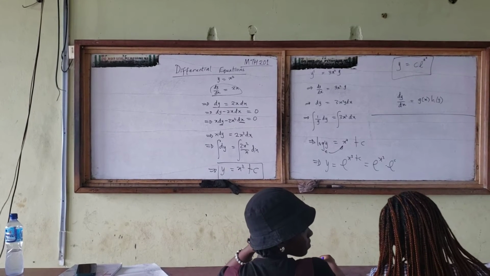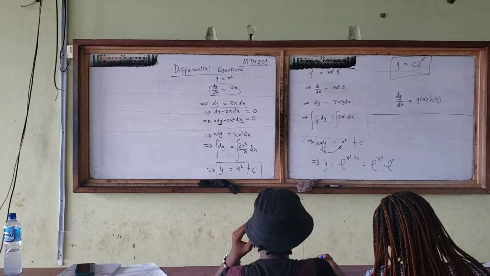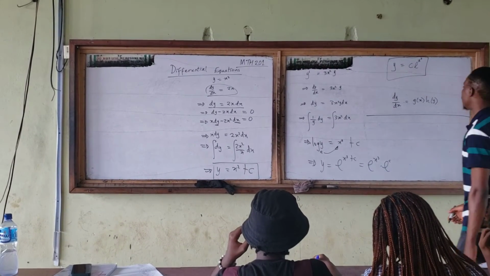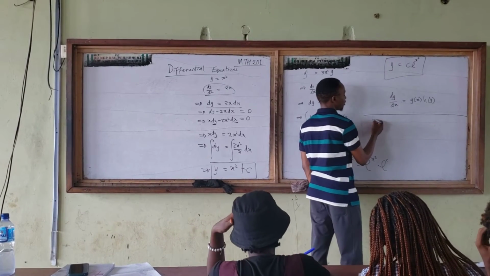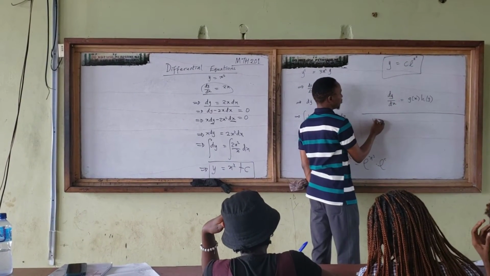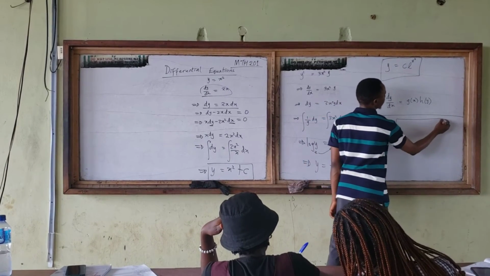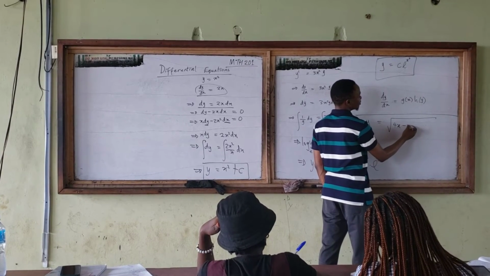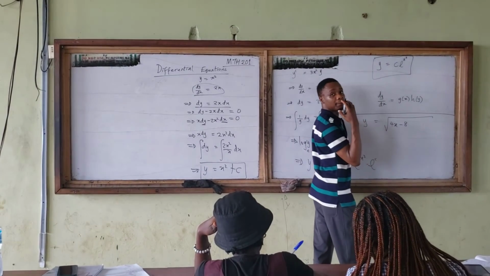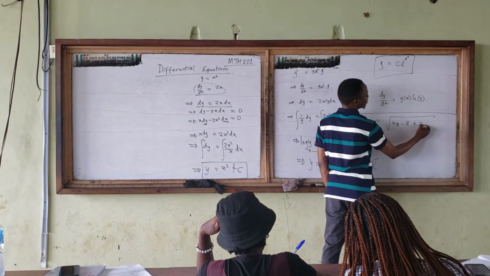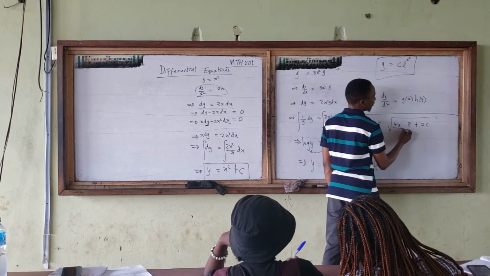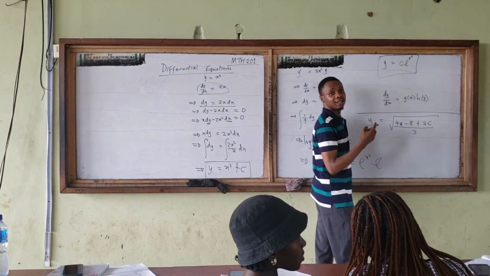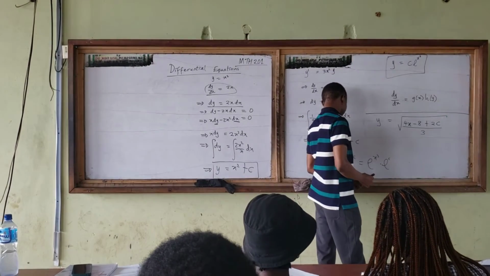Square root of 4x minus 8 plus 2c over 3. y equals square root of 4x minus 8 plus 2c over 3. This is what you got? No. Okay.